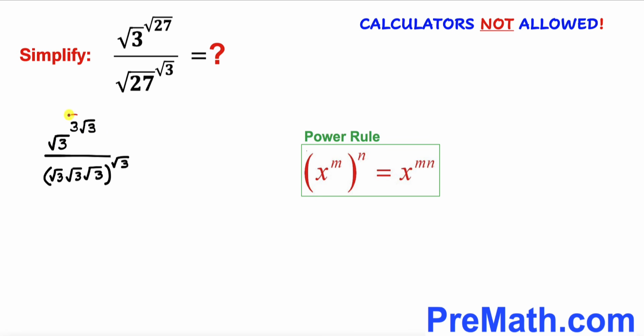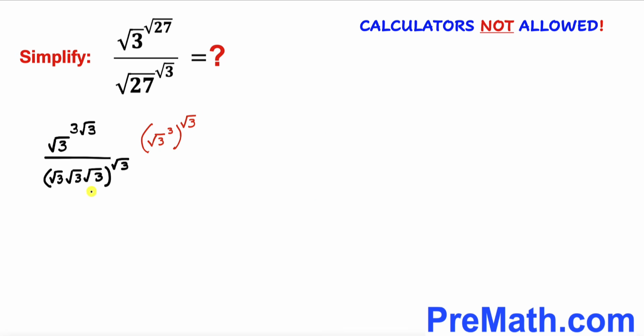So therefore the numerator could be written as square root of 3 then power 3 and then whole power square root of 3, all over the square root of 3 times square root of 3 times square root of 3 power square root of 3.